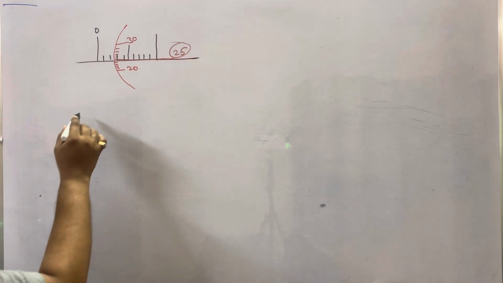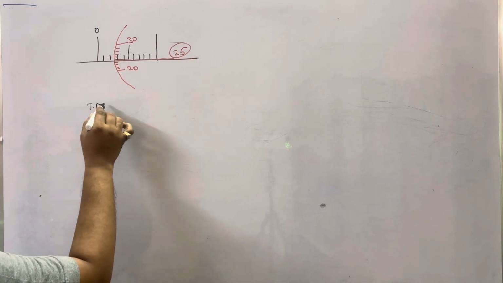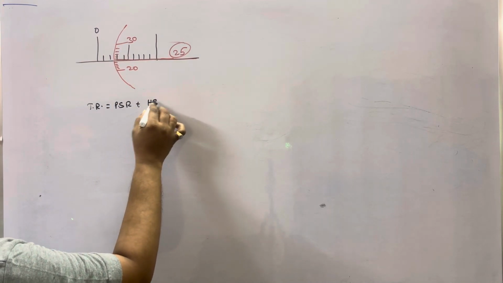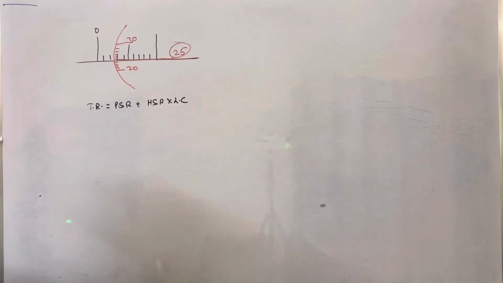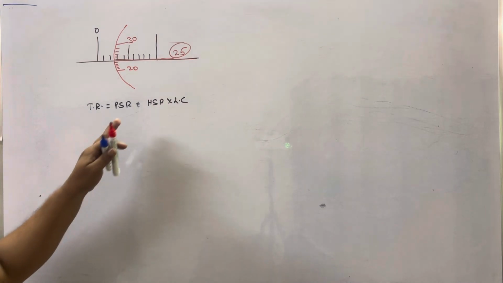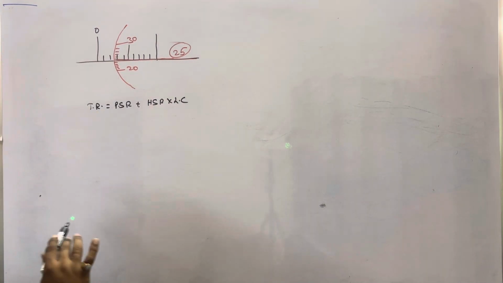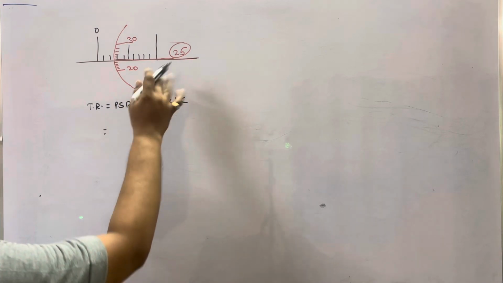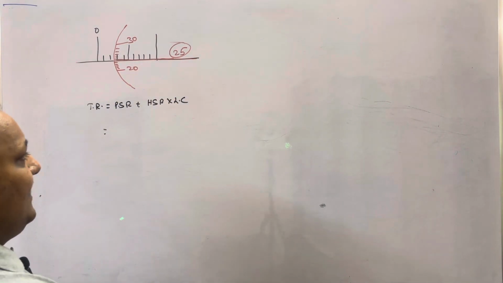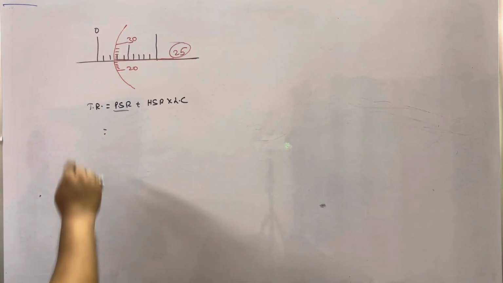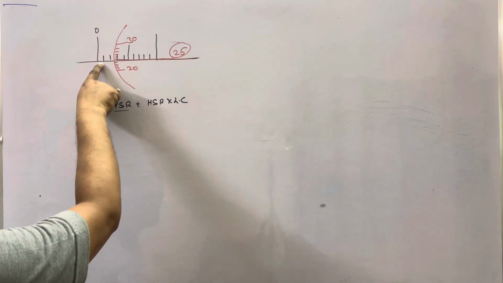At the time, total reading, our formula is the same: PSR plus HSR into least count. HSR may be having error or not, they will mention in the problem. Here I am not taking any error. Now what is PSR, the pitch scale reading from this diagram, which is visible for you here: 0, 1, 2.